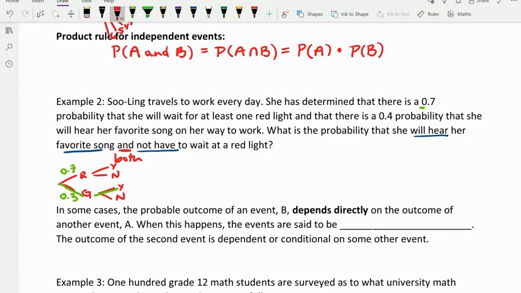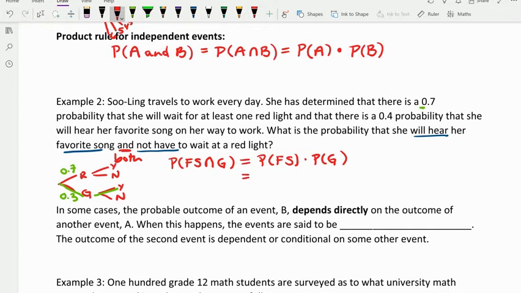Instead, what we're going to do is think about the probability of a favorite song intersection with a green light. What I'm going to do is think about that as the probability of a favorite song, these are independent events, times the probability of a green light.